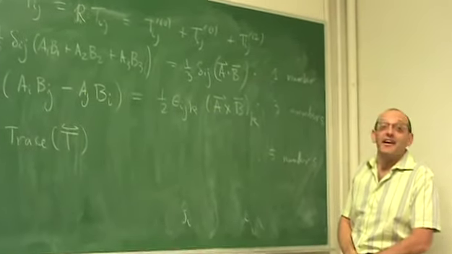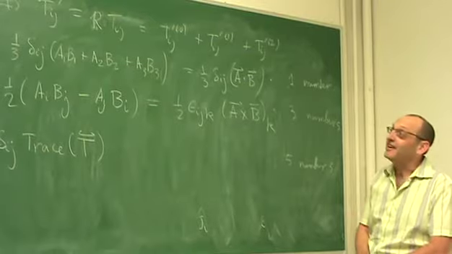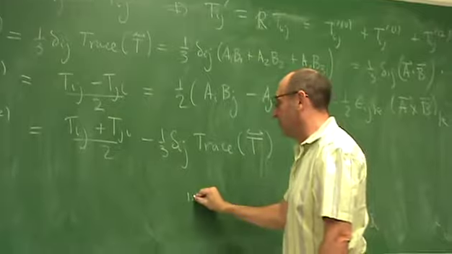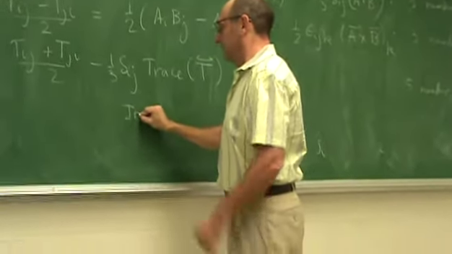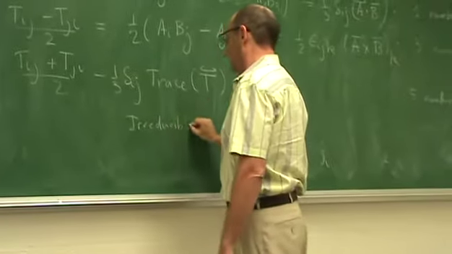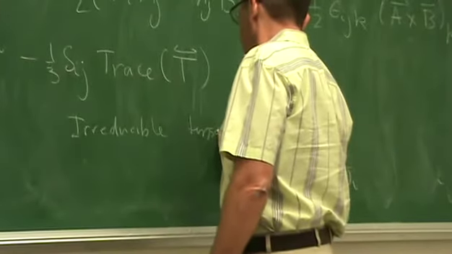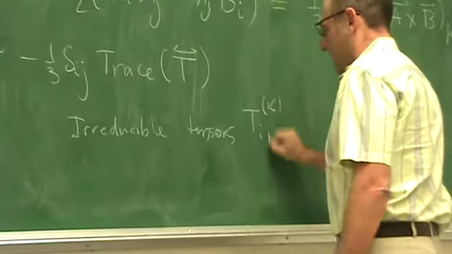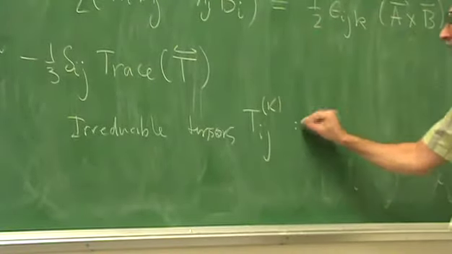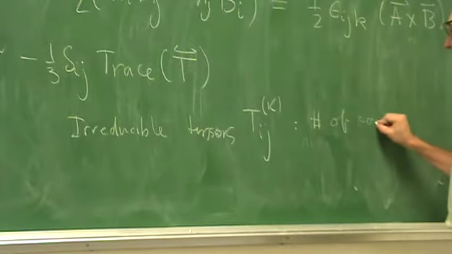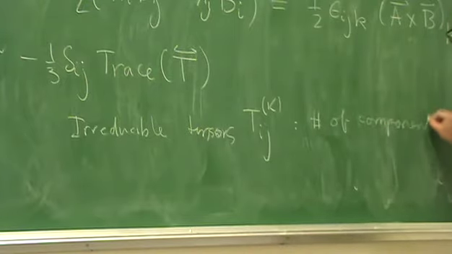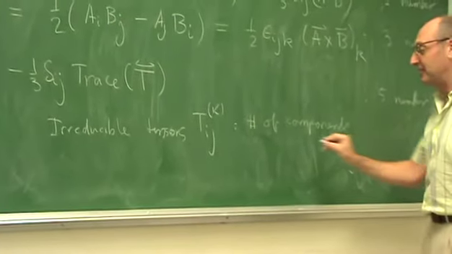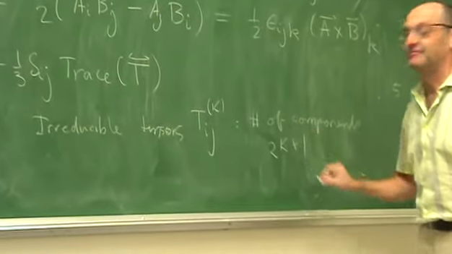Now, a little bit of numerology here. If I define the number of components of the irreducible tensors T sub k, Tij, the number of independent components is what? In this particular pattern, what we see is 2k plus 1.